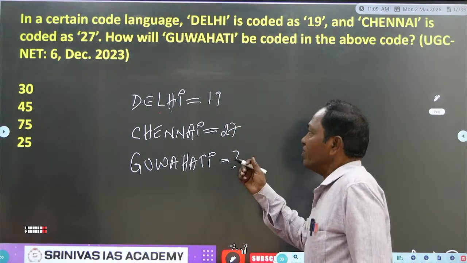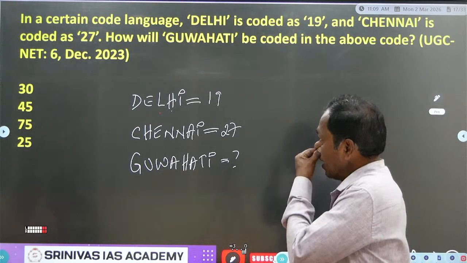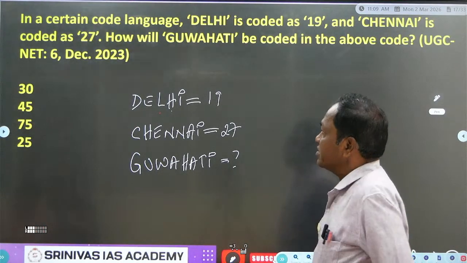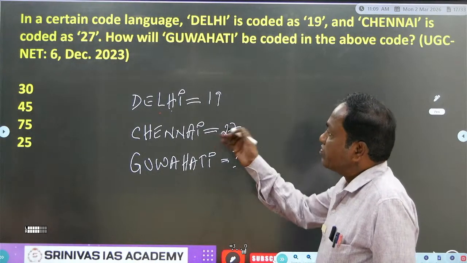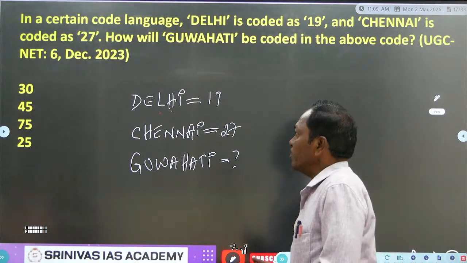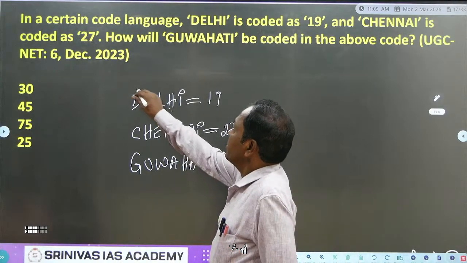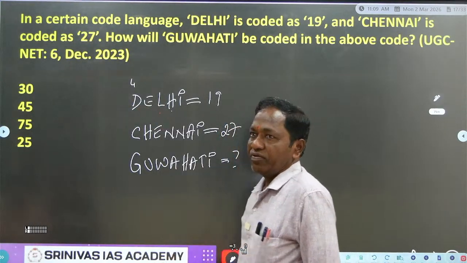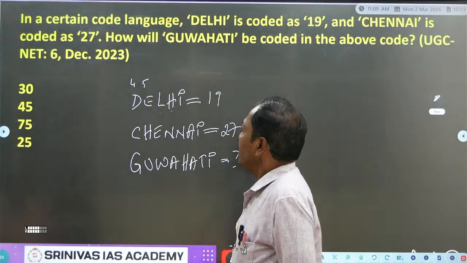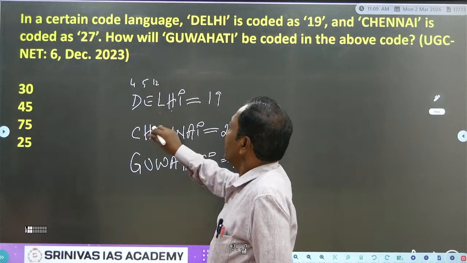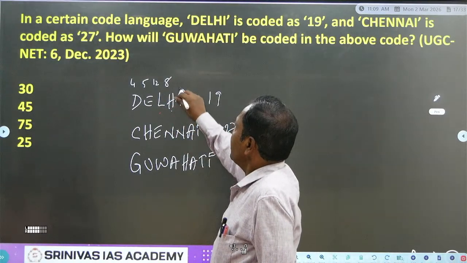Okay. Let us see Delhi first. Delhi, you can see 19 is there. Now what you have to do is see the position of the letter. What is the position of D? 4. E 5, N 12, H 8, I 9.